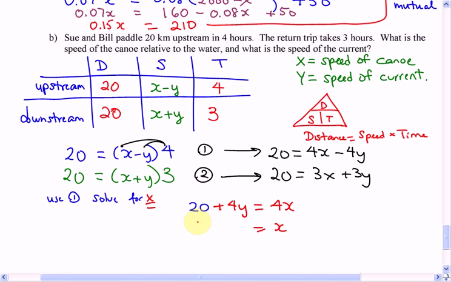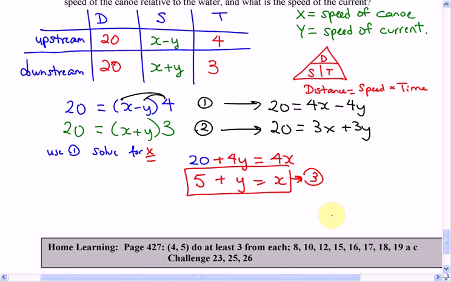So once again, I just took this equation here, number 1. We'll divide everything by 4, so that's 5 plus y. So that's kind of nice. Because let's now use this. I'll call this equation number 3. And let's now sub 3 into 2. 20 equals 3, and instead of having x, it's now 5 plus y, plus 3y.